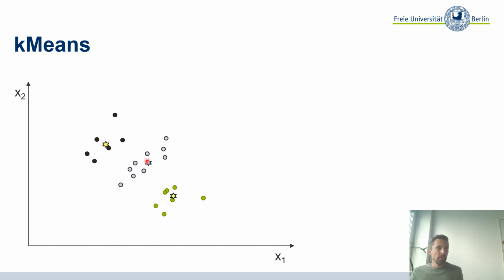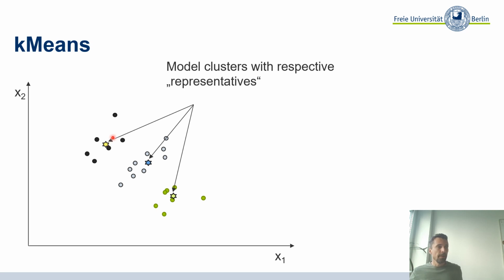Although we do not have any labels of the data, we represent the clusters and therefore divide the data set into k-many groups using cluster representatives or centroids. These representatives are really the means of the cluster that they represent.